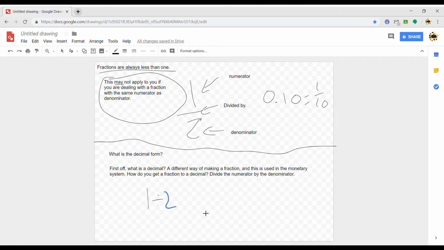And you're all probably wondering, how do you divide that? Because 1 is less than 2. And if 1 is less than 2, you can't divide it. And that's where fractions come in. But you also need the decimal.